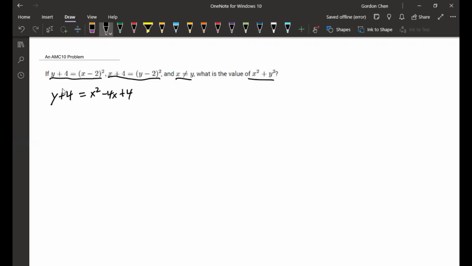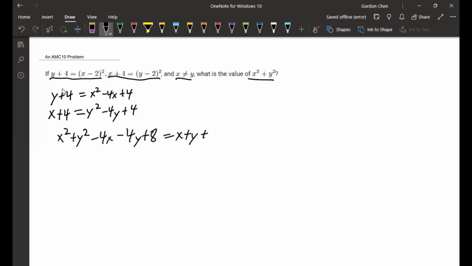And the other one is just the same: x plus 4 equals y squared minus 4y plus 4. All right, and if we add these two together, we get x squared plus y squared minus 4x minus 4y plus 8 equals x plus y plus 8.